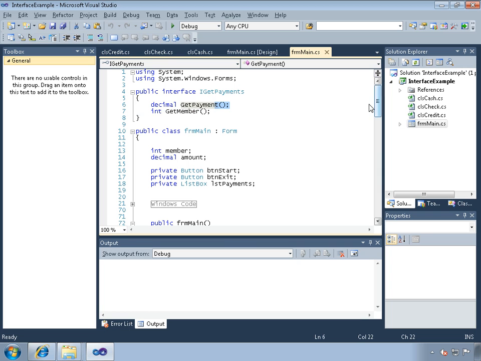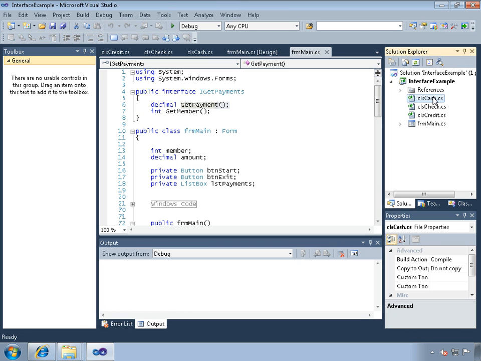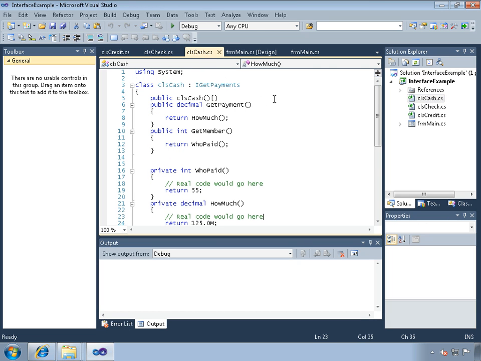So now let's go and look. We have over here, you can see that we have three classes: payment by cash, payment by check, and payment by credit card. Cash, I haven't implemented it in terms of really hard code, but let's take a look at what that looks like. First of all, when you define the class, you use the colon just like you did in inheritance.